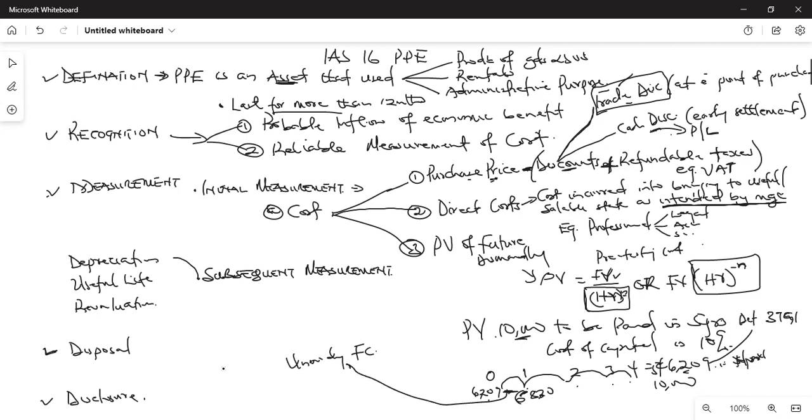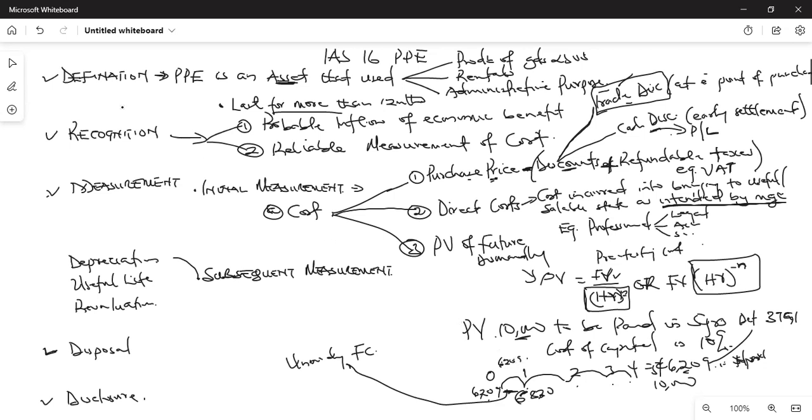So if you do that, you have something like how much? Please help me with the figures. 6830. I want the difference. I have 620.9, so 621.